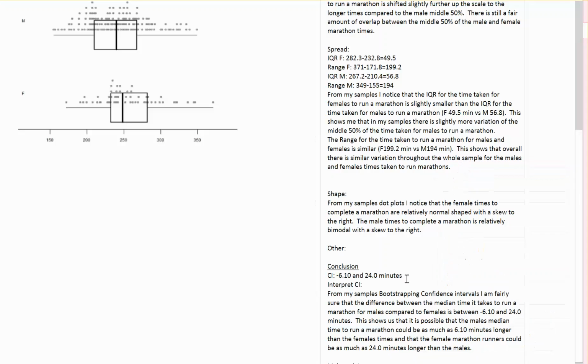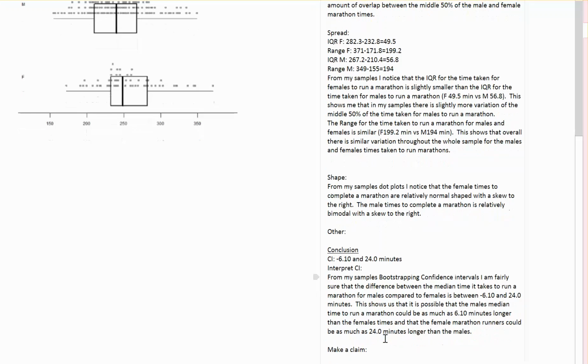So again, this negative here is telling me that the males can actually be bigger, and the positive is telling me that the females can actually be bigger. So I'm trying to put that into words, that negative 6.10 means that it's possible that the males could have a longer marathon time of 6.10 minutes longer than females, and that positive means it's possible the female marathon runners could be longer.